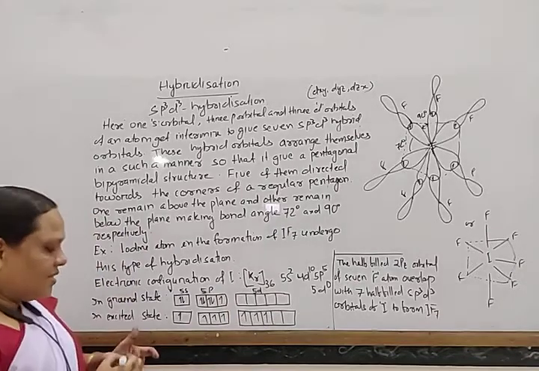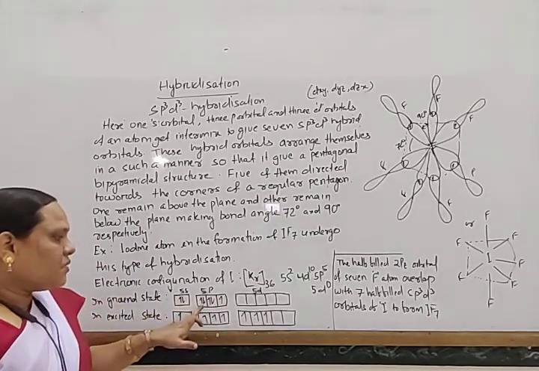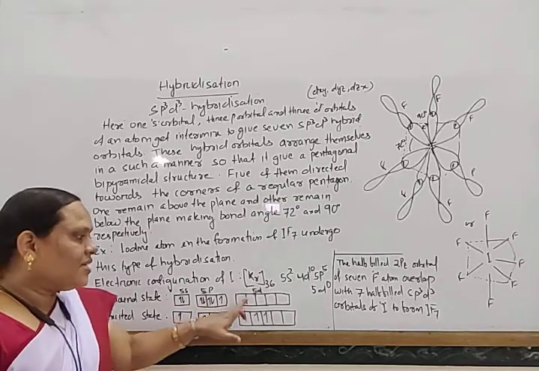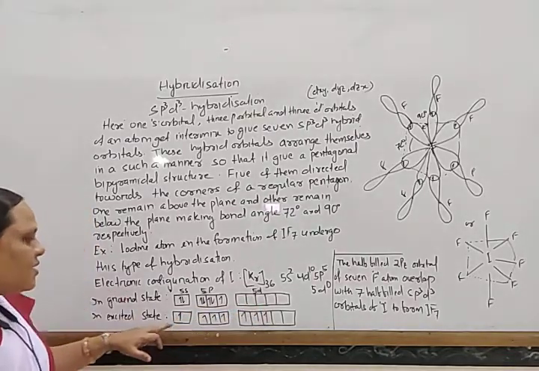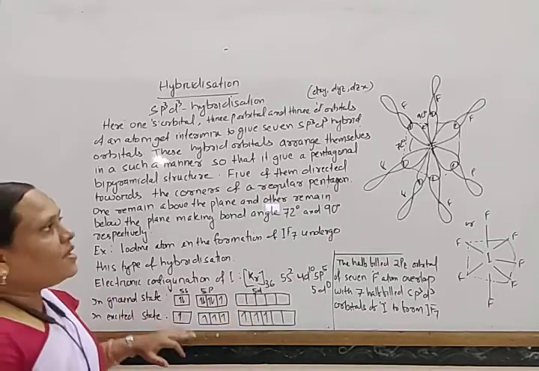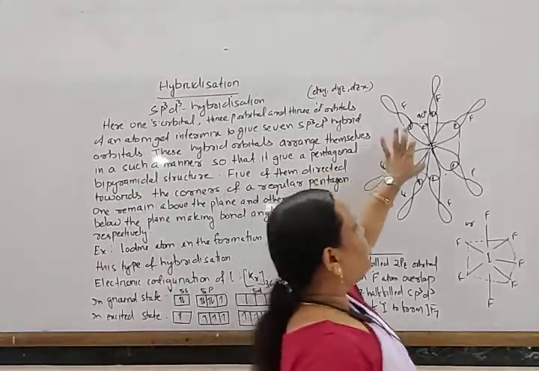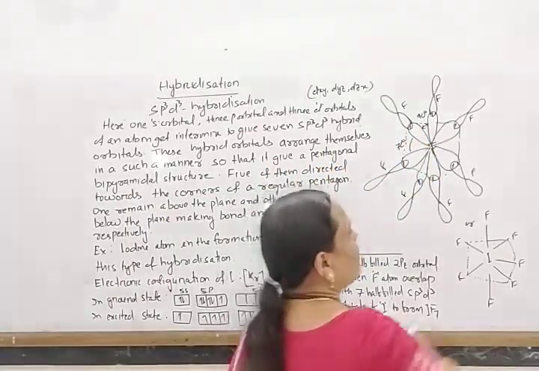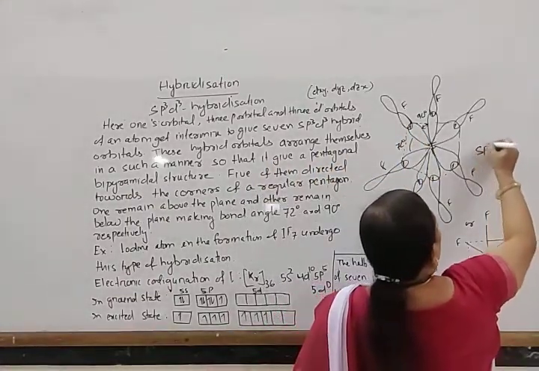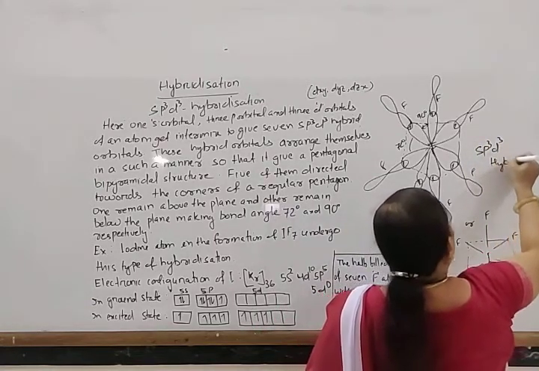In the excited state, 1 electron from the s orbital and 2 electrons from each p orbital are excited to the d orbitals. In this way there are a total of 7 unpaired electrons, and these 7 orbitals get intermixed to give you sp3d3 hybrid orbitals. So this is your sp3d3 hybridization.